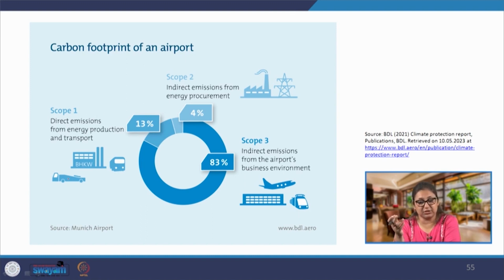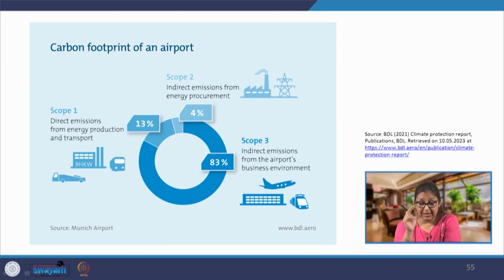Indirect emissions from energy procurement are 4% only, but then there are the indirect emissions from the airport business. Now, you have to clearly understand that all the aircrafts that are coming in and going out are not owned. There is no control of the airport over those companies and their aircrafts. That is all going in scope 3 emissions.